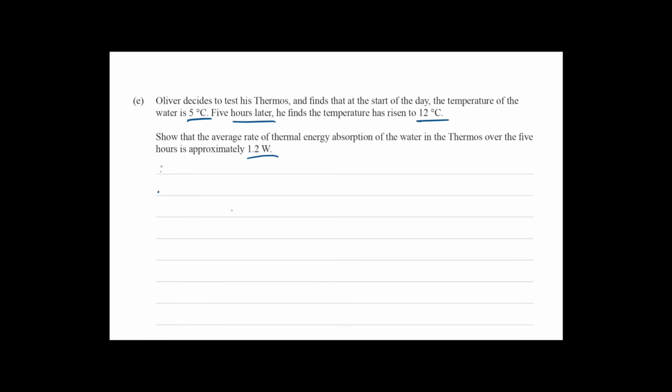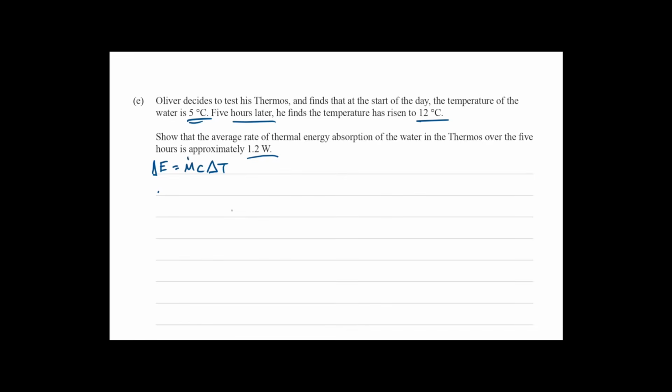So we're going to use the formula change of energy. The thermal energy is going to be MC, change in temperature. We're going to presume that it's at sea level, so it doesn't need to change states from ice to liquid water. So the latent heat energy isn't involved. It's the specific heat capacity that's involved.